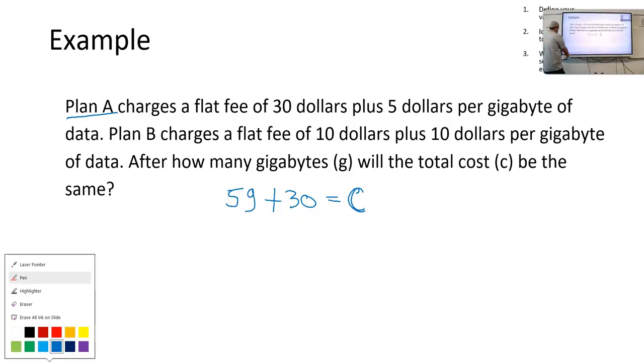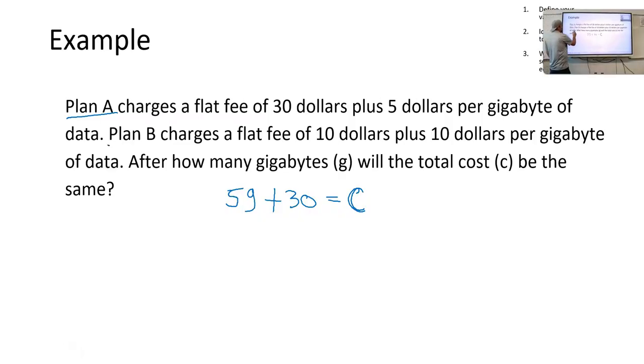Okay, let's take a look at Plan B. So Plan B does a flat fee of $10, so that means $10 no matter what, but they sell their gigabytes at $10 per gigabyte, so that'd be 10G. And once again, that would equal the total cost. Okay, so as I look at this, do I have any variables that are isolated?